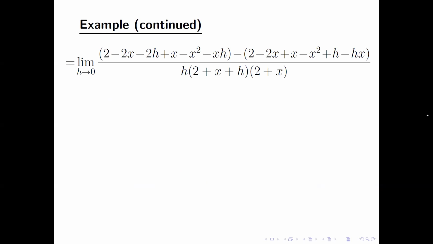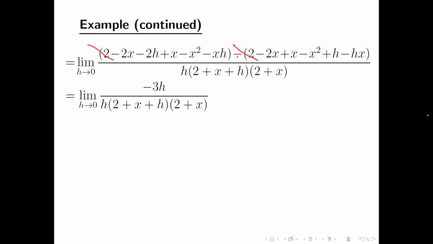And from here now, we may remove parentheses by this negative. So it means that positive 2 multiplied by negative 1 is going to be negative 2. And this minus 2 will take care of this positive 2. And again, minus 1 multiplied by x is going to be minus x.